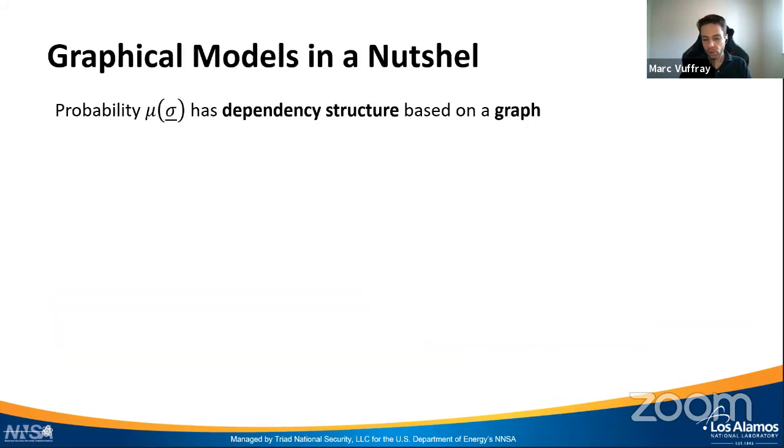So in a nutshell, just to revisit, in my notation or maybe slightly differently, what graphical models are: the kind of prior introduced by considering graphical models is that you want to consider probability distributions that have a certain dependency structure, and this dependency structure can be represented by a graph.